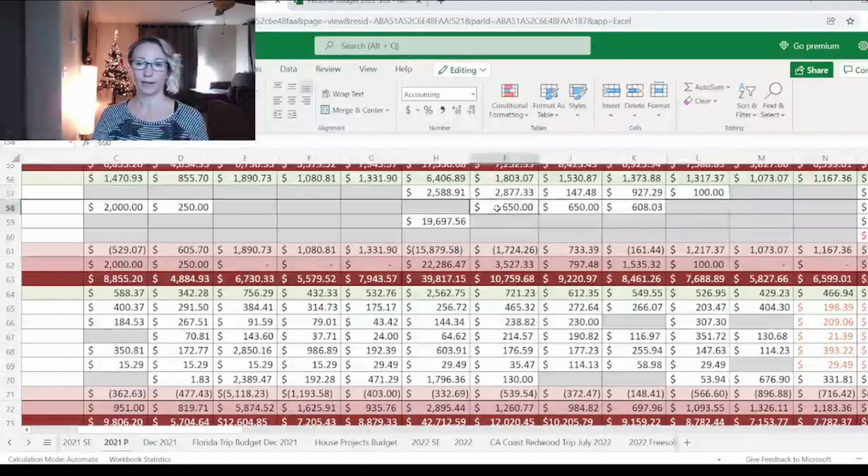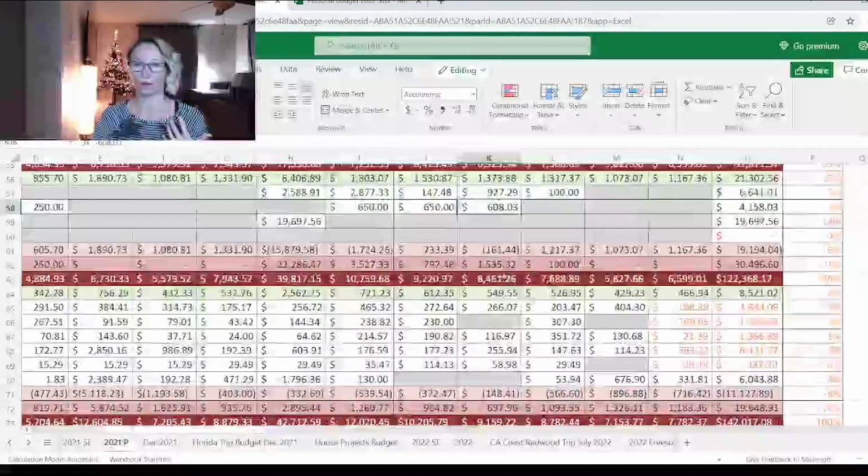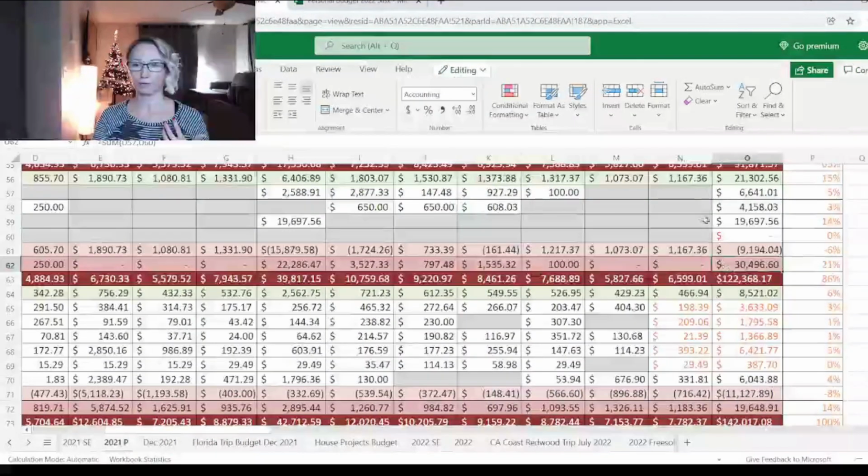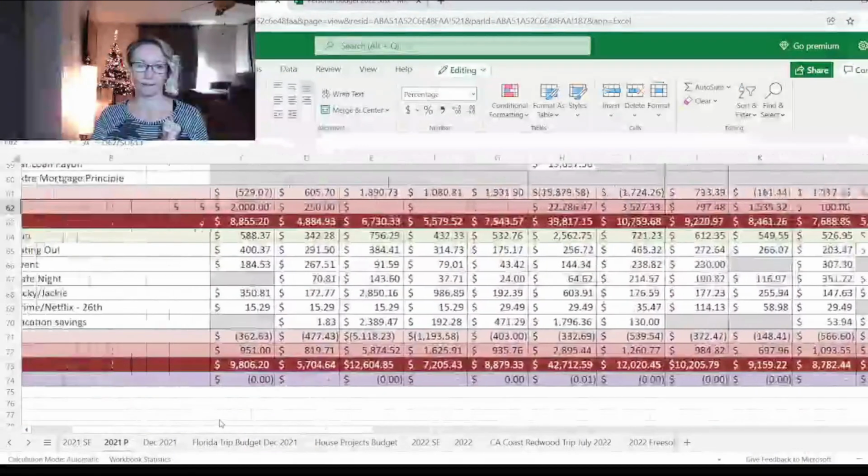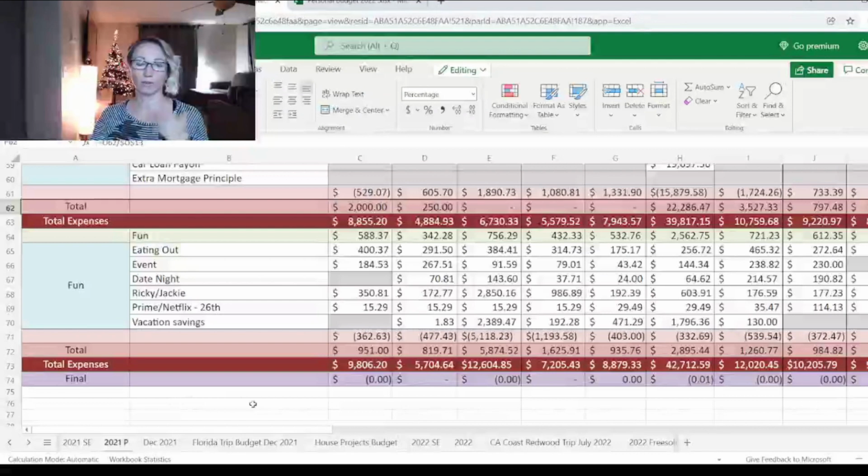And then we paid an extra $650 for 2 months and $680 for a month on the new truck. All in all, though, we paid off $30,000 worth of debt. So we paid off an extra 21% of our income to debt. So that's pretty good. And we're moving along with the things that we want to have in our life, and we're trying to do it in a reasonable way.